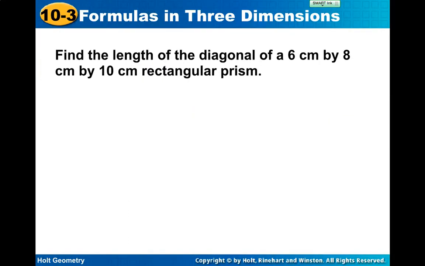I want you to calculate one, or a couple probably. Find the length of the diagonal. Your box is 6 by 8 by 10. It really doesn't matter which one you call the length, the width, or the height, because you have to use all three dimensions. So your formula says square the length, add to it the width squared, add to it the height squared, and square root the whole thing. That'll give you the length of the diagonal.